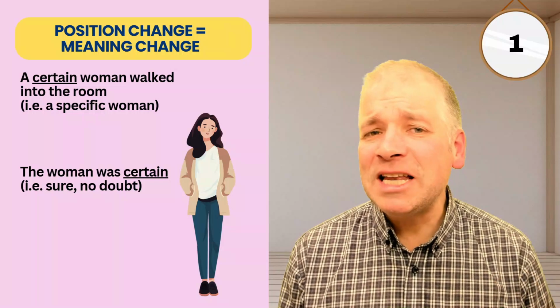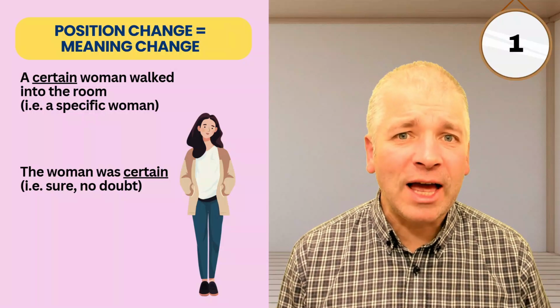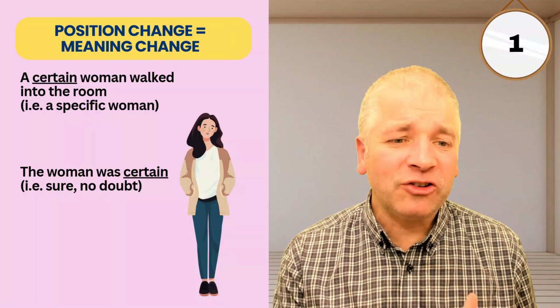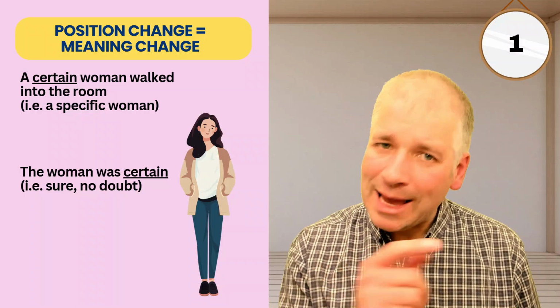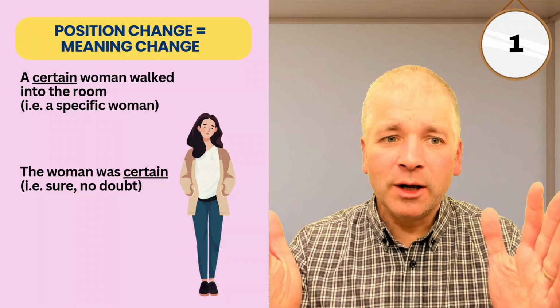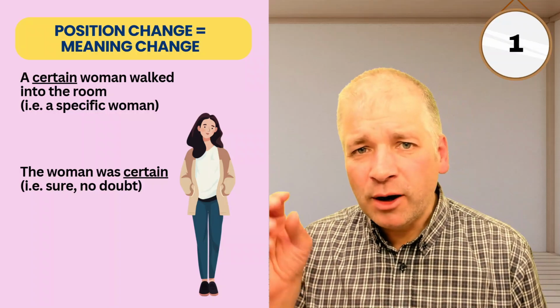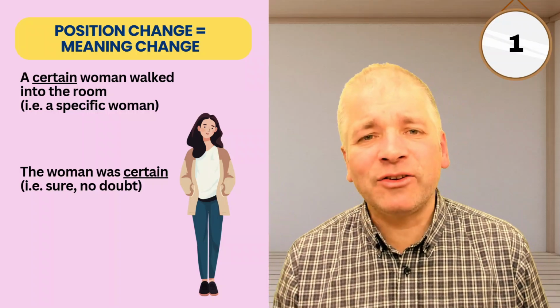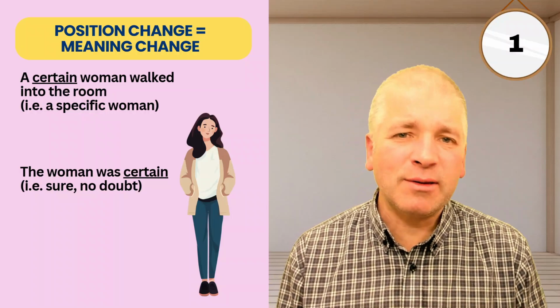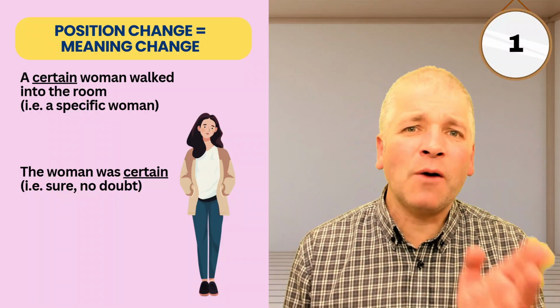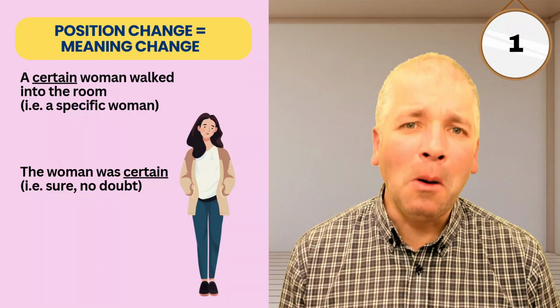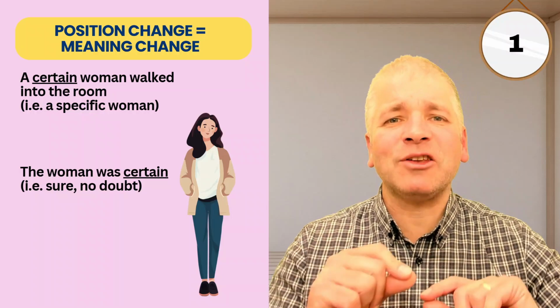Now, why did the meaning change? It's because it changed from being an adjective describing the noun straight away, a certain woman going together. And in the second one, certain goes at the end of the sentence. Certain still describes the woman, but now it's after the copular verb. It's a complement, and the meaning has changed here.